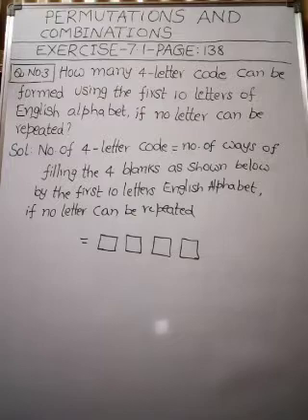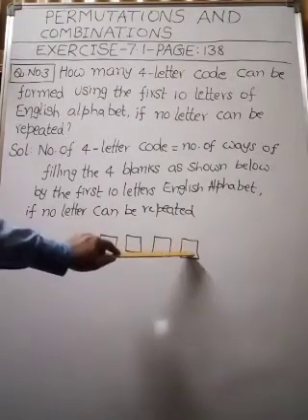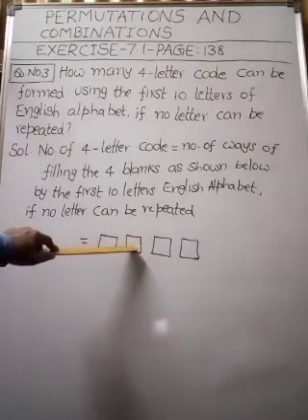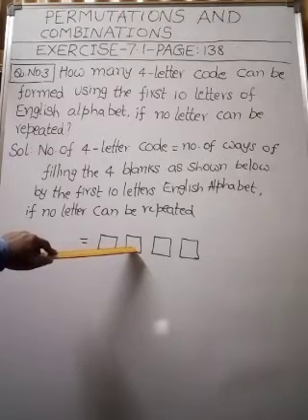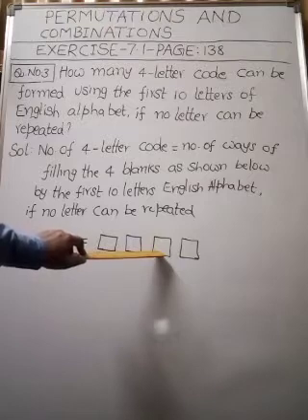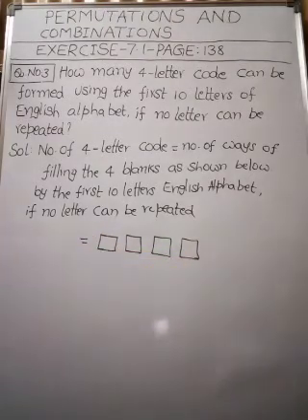Right. This is the first event, this is the second event, this is the third event, this is the fourth event. Filling the first blank is considered the first event. Filling the second blank is the second event. Filling the third blank is the third event. Filling the fourth blank is the fourth event.